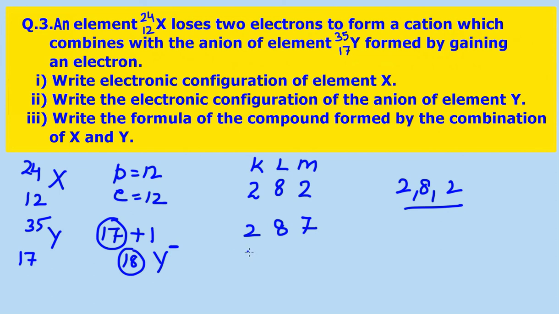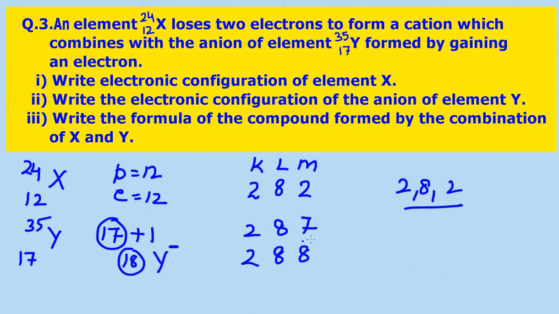So how can these 18 electrons be distributed? 2 electrons in K shell, 8 in L shell and 8 in M shell. So its electronic configuration will be 2, 8, 8. Third part of the question is, write the formula of the compound formed by the combination of X and Y. See, what is the valency of X here? Its valency is 2.